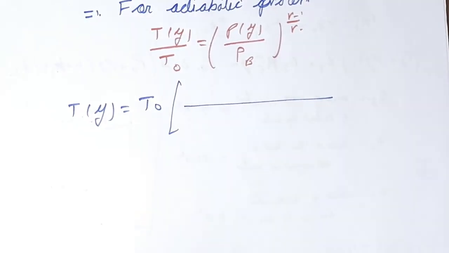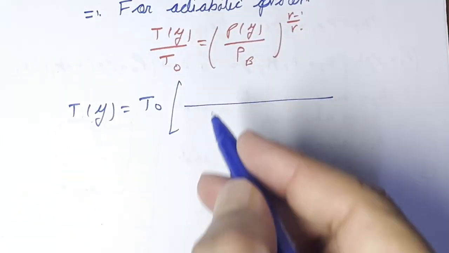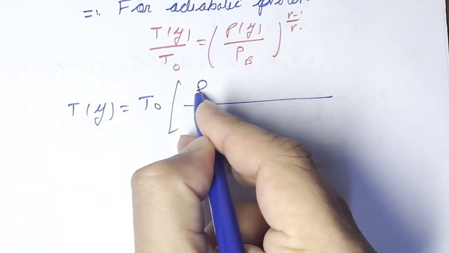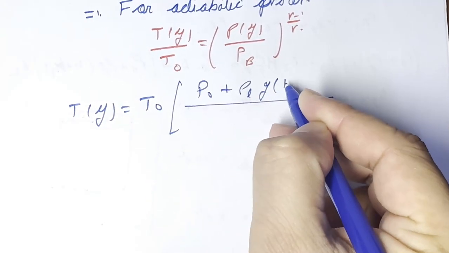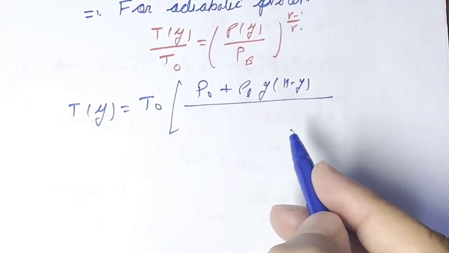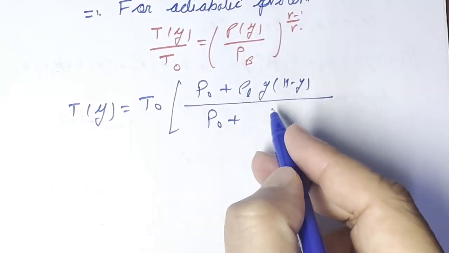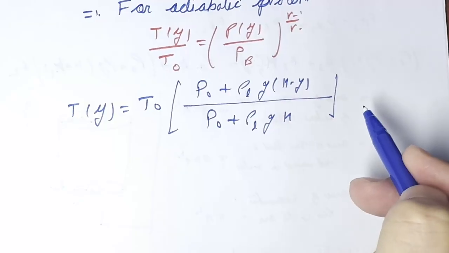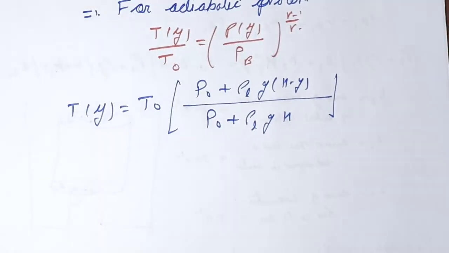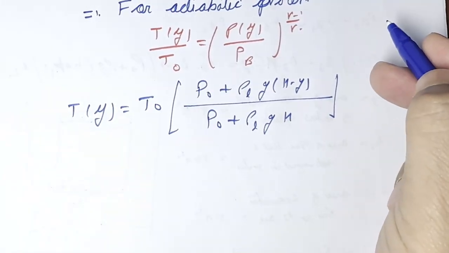We substitute the value of pressure at y, which is P0 plus rho L g times H minus y, divided by pressure at the bottom, which is P0 plus rho L g H, and the whole raised to the power, where gamma is given as 5 by 3.